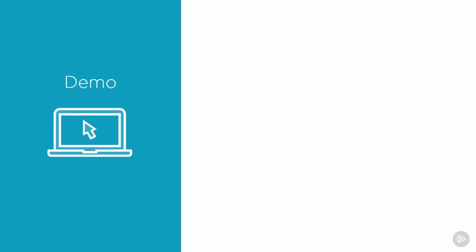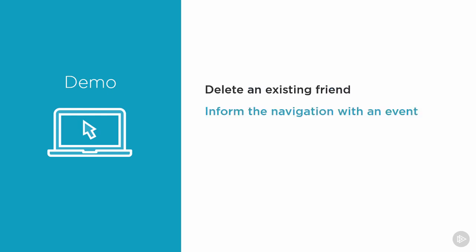In this demonstration, we extend the Friend Organizer application so that the user can delete an existing friend. After a friend has been deleted, we also need to inform the navigation with an event, because the navigation also needs to remove that friend. You also learn in this demonstration how you can hide and display the friend detail view. After a friend has been deleted, we set the friend detail view model property of the main view model to null.